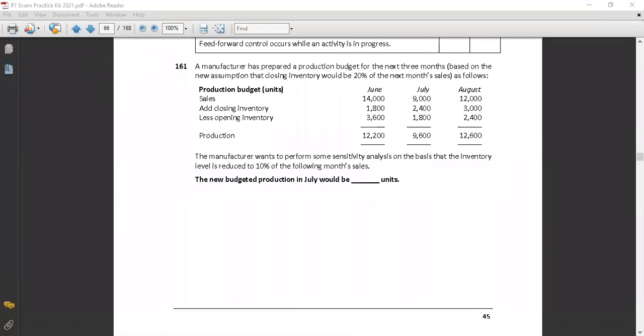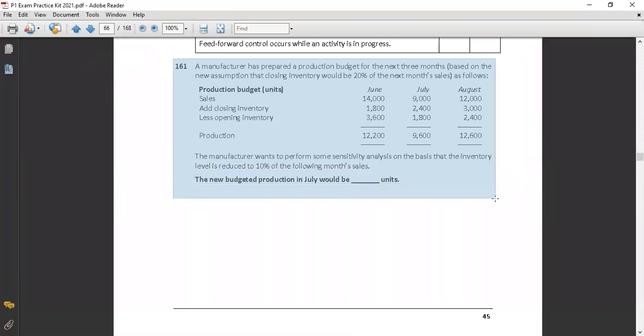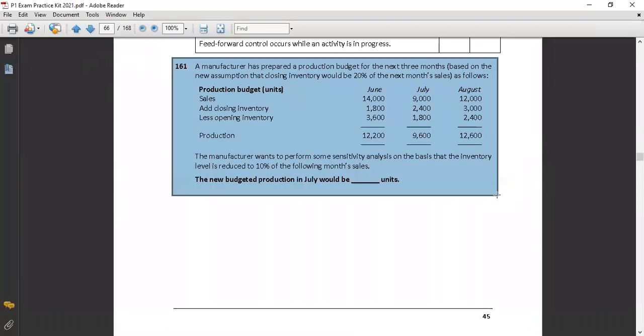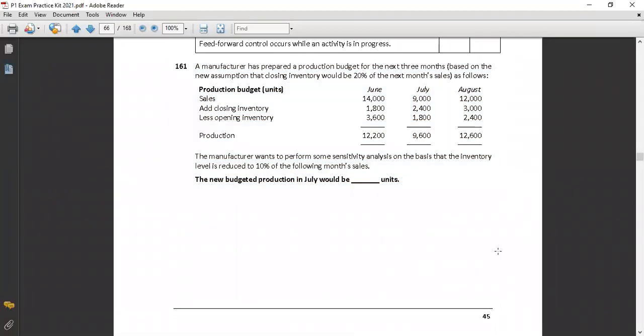We have question number 161. A manufacturer has prepared a production budget for the next 3 months based on the new assumption that closing inventory would be 20% of the next month's sales as follows: June, July, August.